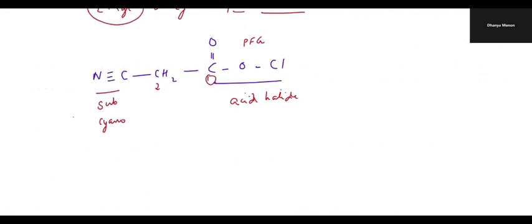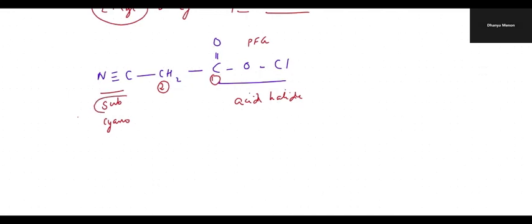Now, here the cyano group has a carbon atom. Am I supposed to number the carbon atom? No, I'm not supposed to number the carbon atom of the cyanide group because it is a substituent. So the cyanide group is connected to the second carbon atom. So whenever the cyanide group is acting as a substituent, you will not number the carbon atom. So at the second position, I have cyano.